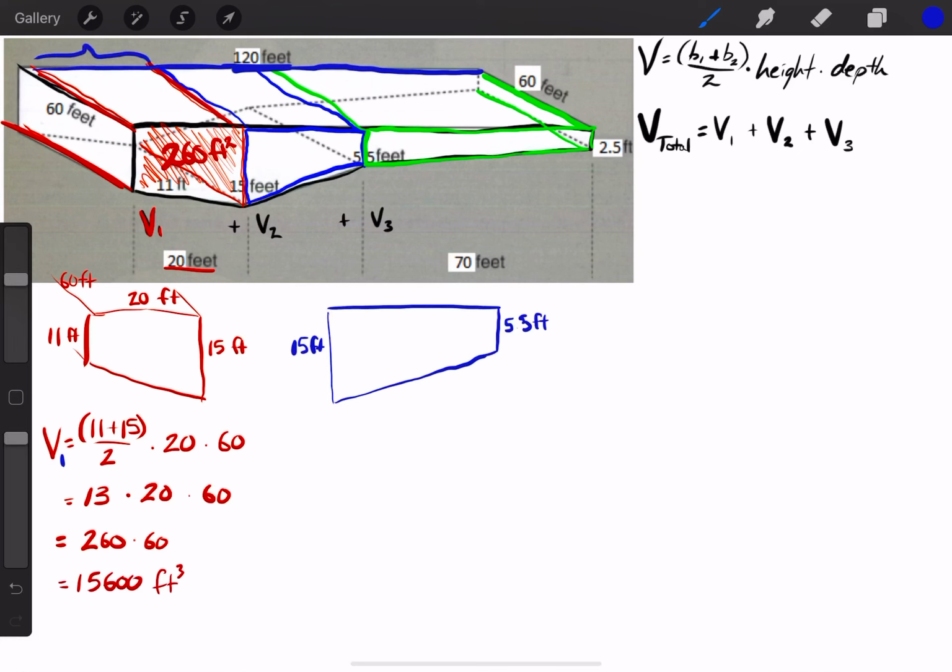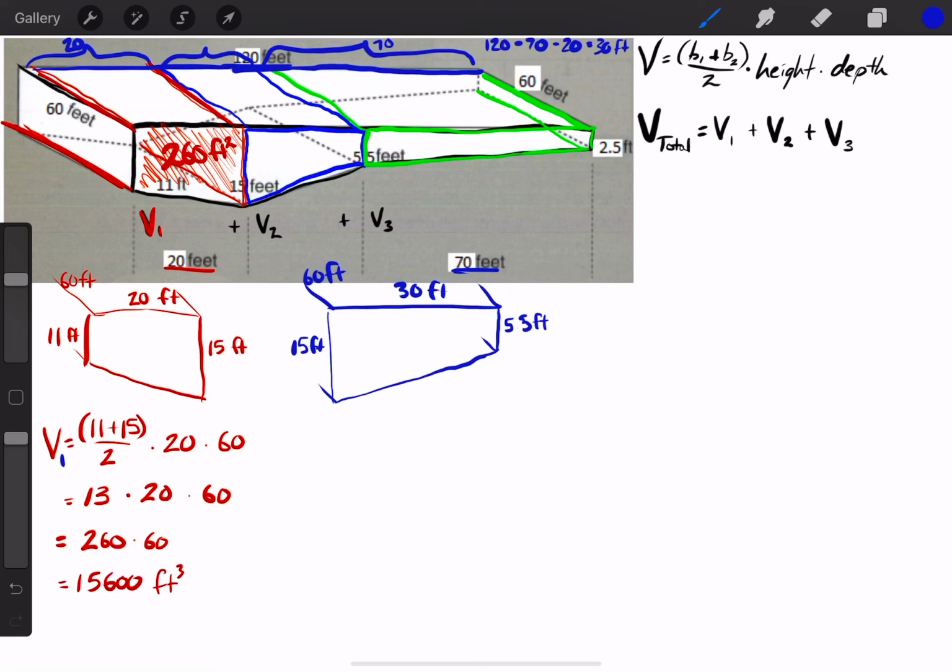If we know that this distance from here to here is 20 feet, and we know from here all the way to here is 70 at the bottom there, then the leftover portion is just the total, 120, minus those other two pieces that we do know, minus 70, minus 20, which does give us a width of 30 feet. So this is going to be 30 feet here. Again, multiplied back through by that same depth of 60 feet.